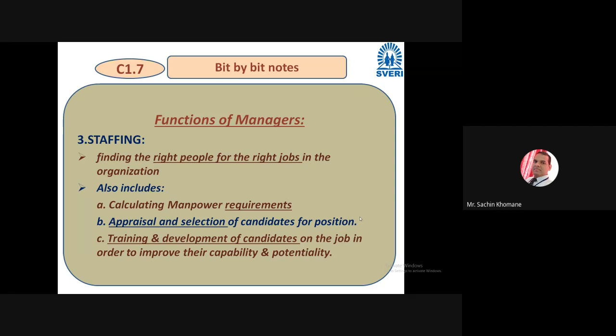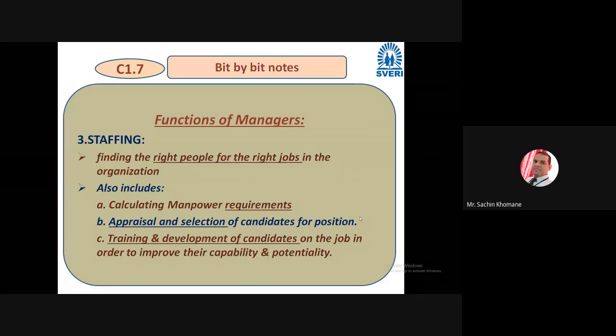Appraisal means evaluation of an employee, or giving a rating to that particular employee, like 4 star, 5 star, 2 star, 3 star, 1 star, whatever, depending on performance. In staffing, this is the activity. And obviously, why is this rating there, why is appraisal there? For getting incentives and increments. For that purpose, appraisal is there.